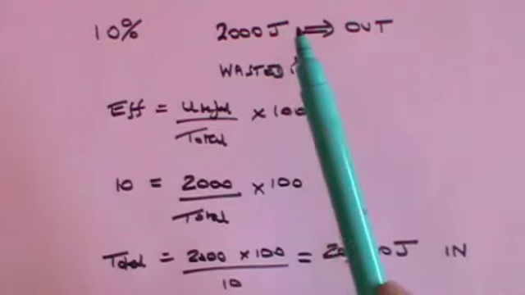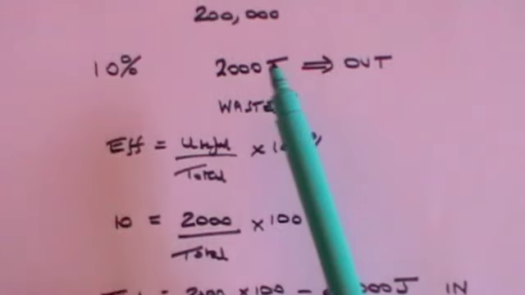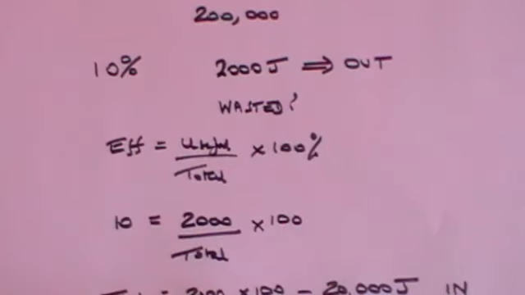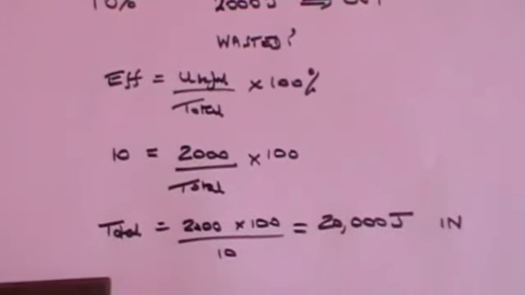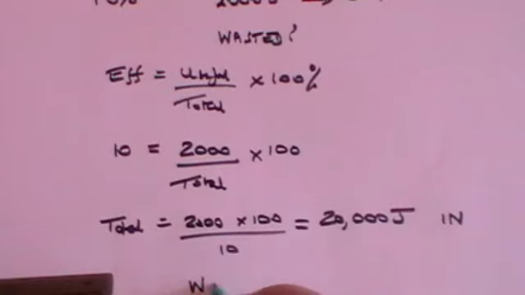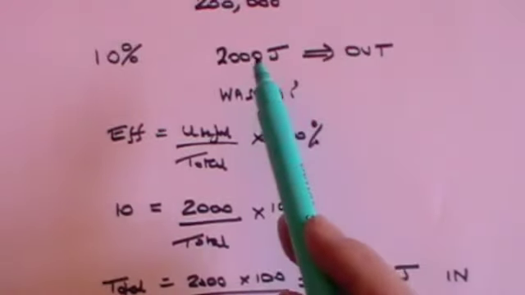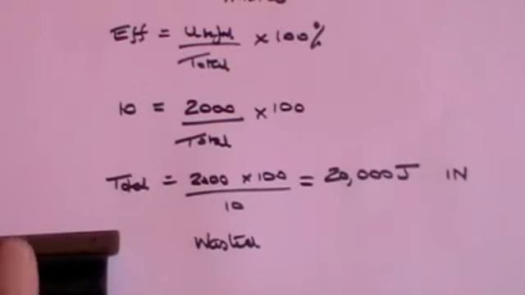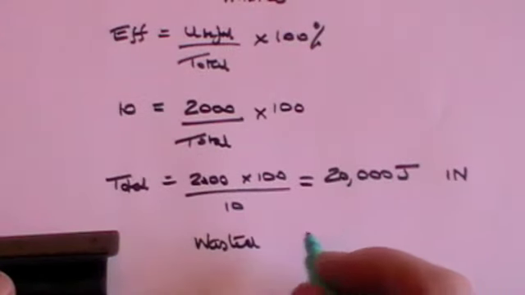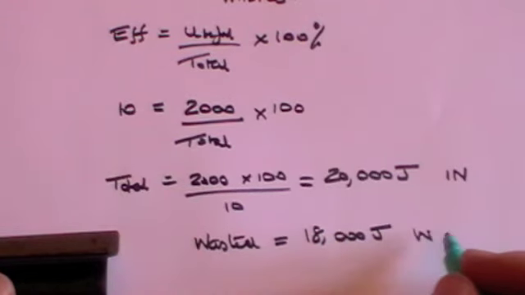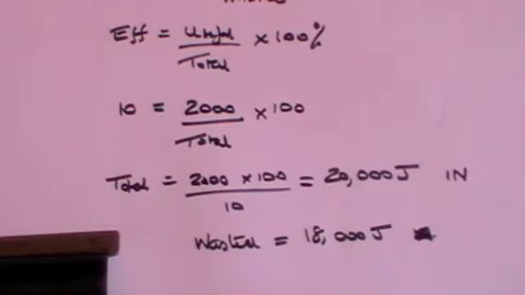And we know that 2,000 joules was the useful energy out. So the wasted energy is going to be 20,000 in minus the 2,000 useful out, and that's going to be 18,000 joules wasted. Well, I've actually got wasted there already.